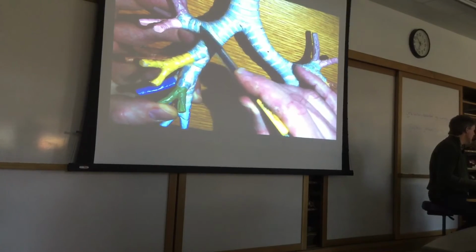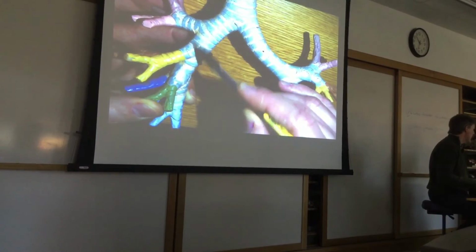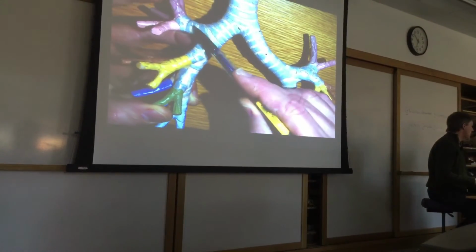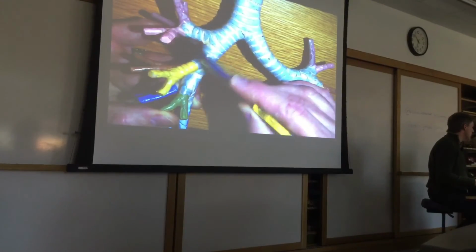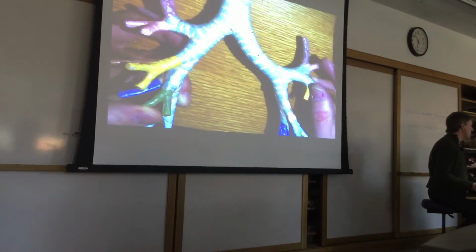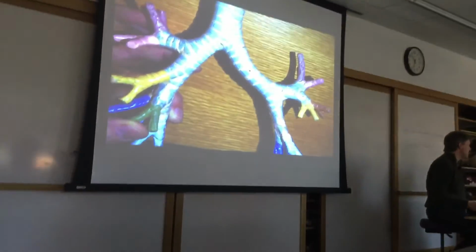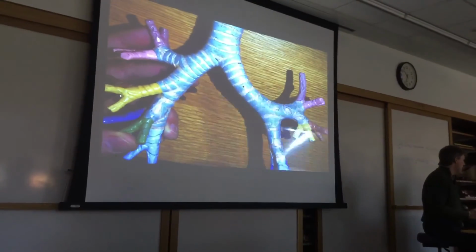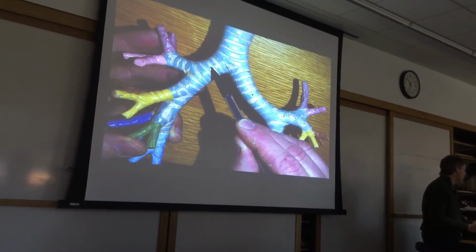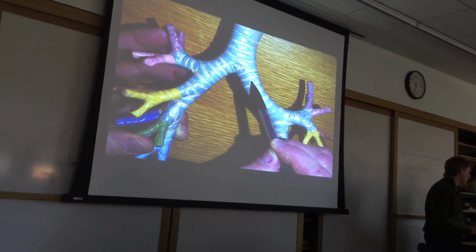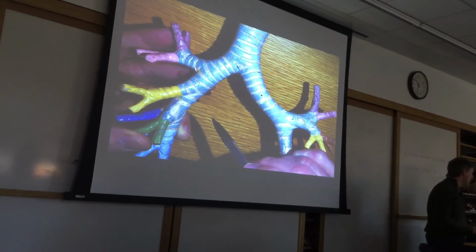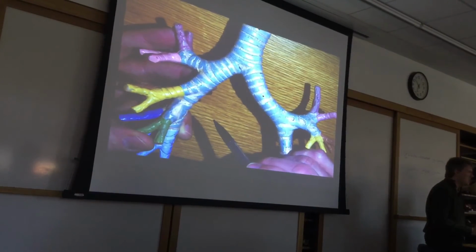These ones then are the secondary bronchi, and they're going to go to each of the lobes. And the ones that are colored here are the tertiary bronchi that are going to go to the different segments. So this is the right primary bronchi, left primary bronchi. On the right side of the lung, you have 3 lobes.